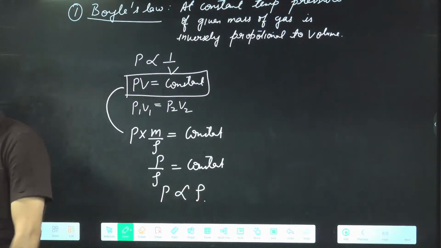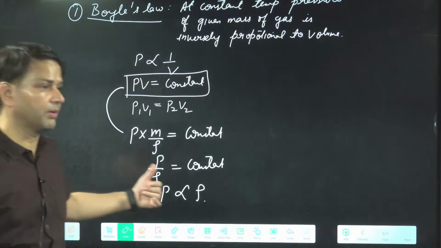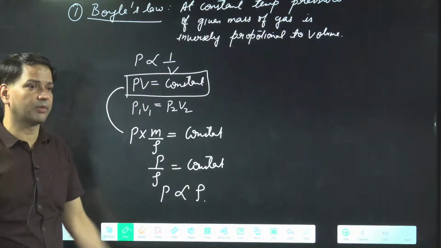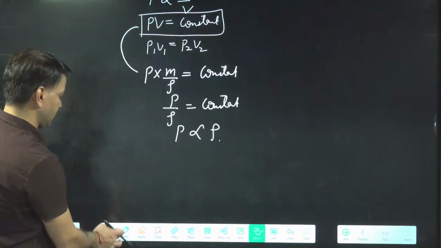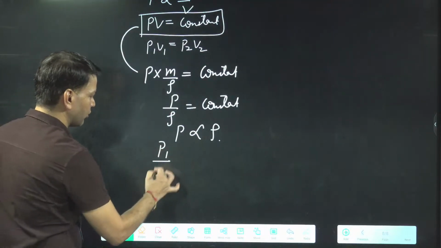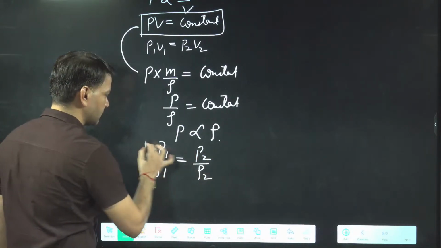So volume is inversely proportional to the pressure, but density is directly proportional to the pressure. And for two different conditions, we get P1 by rho 1 is equal to P2 by rho 2.